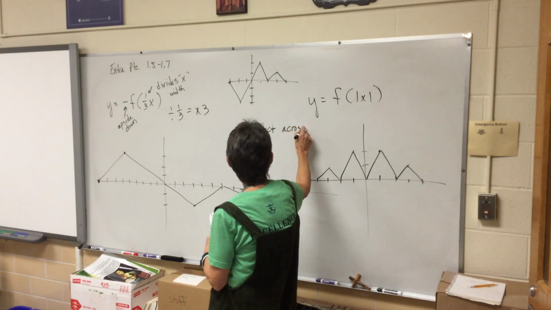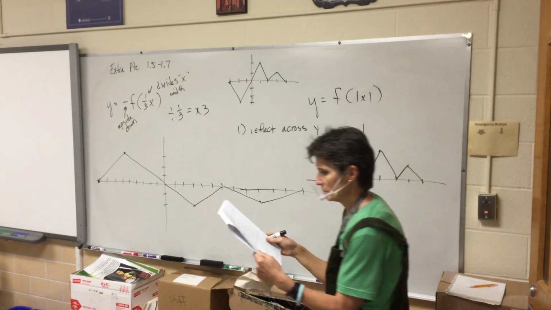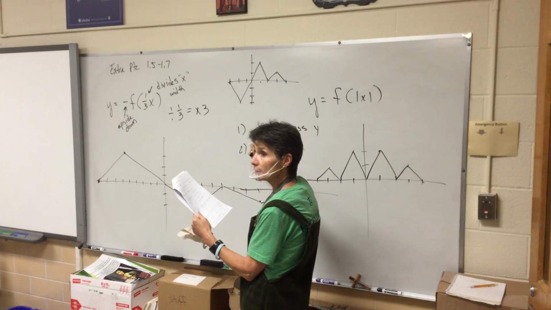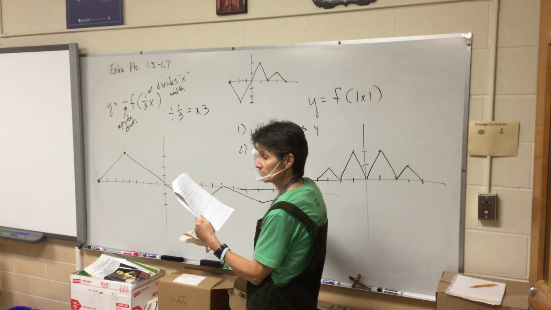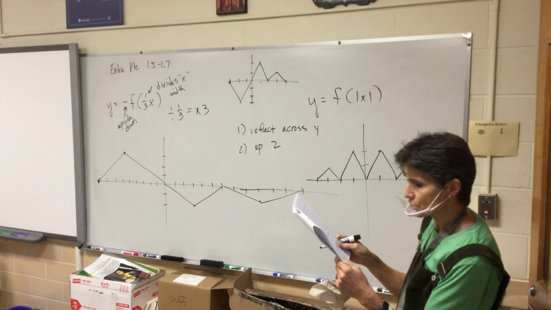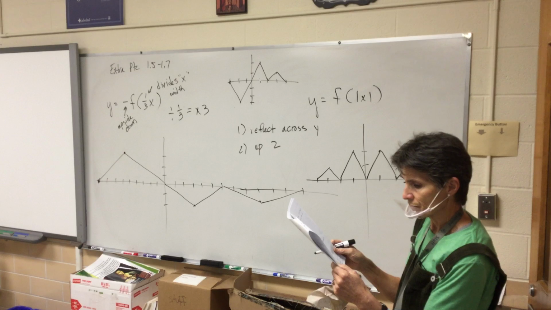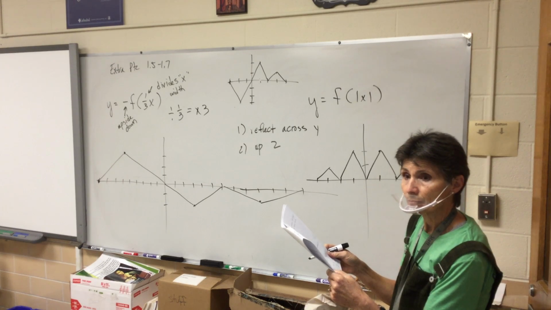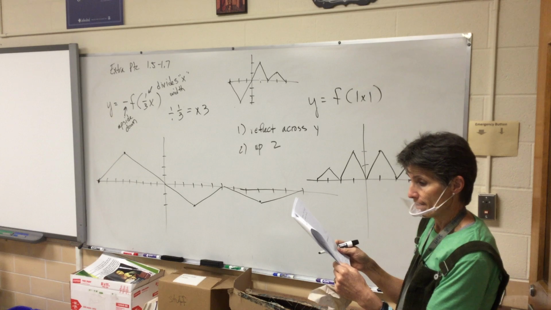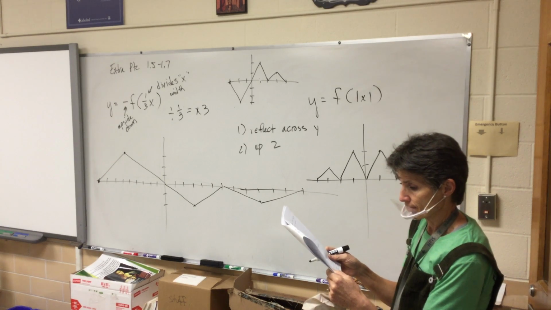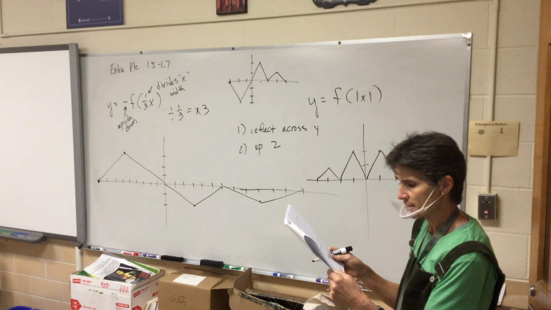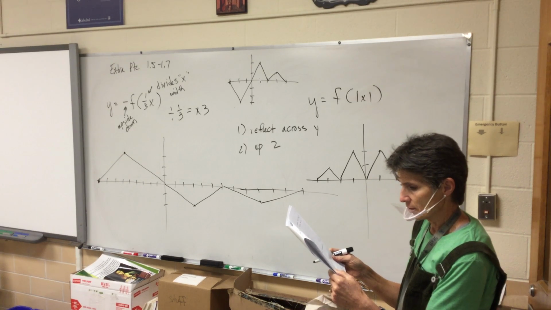All right. What else has happened to it? It's been moved up 2? Is it 2? I think it's 2. Does that take care of what happened? I think so. I think that takes care of it.